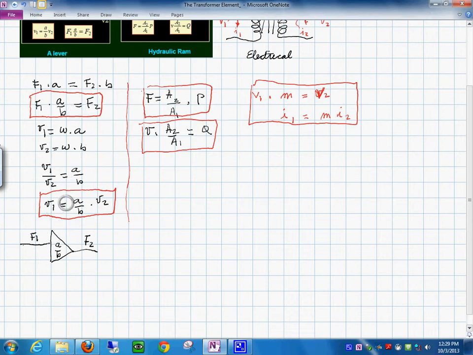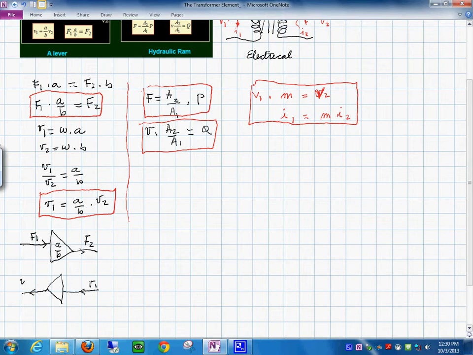But this has to have a companion equation, an equation that has the other variable transformed. That is, in this case, V1 goes like this, and V2 comes out: F1 times this is F2, and this is like this, and so this is V2.